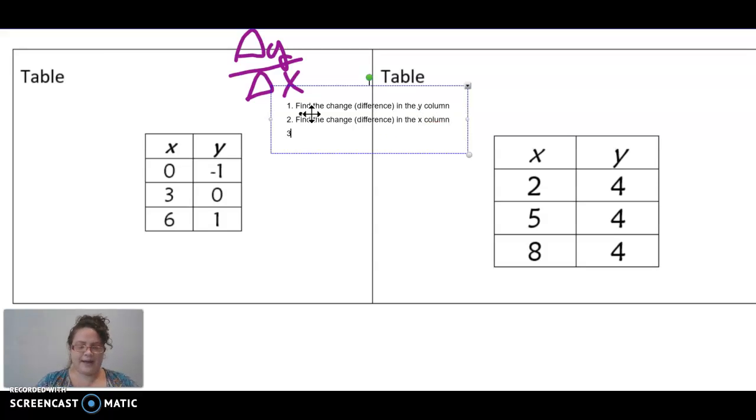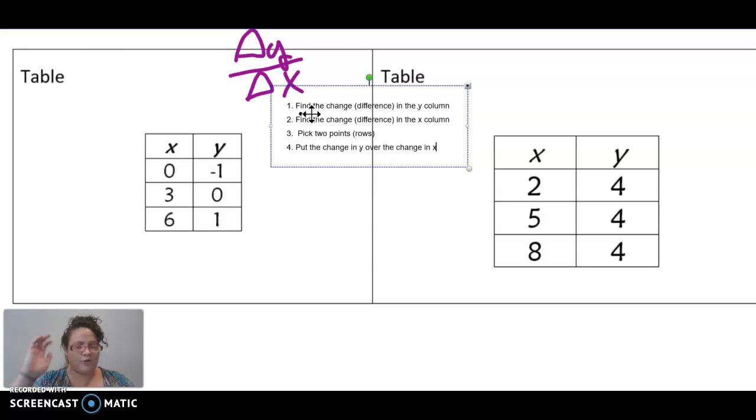And once we find that, we are going to pick 2 points or 2 rows. Then we're going to put the change in y over the change in x. And then we want to make sure that we're being careful with our signs as we're doing that.